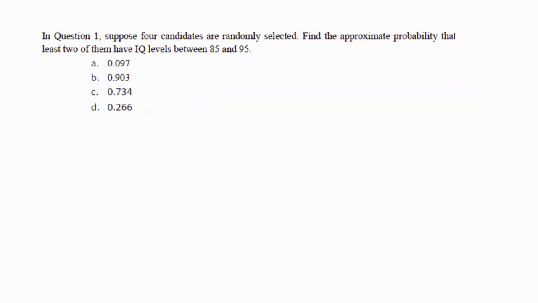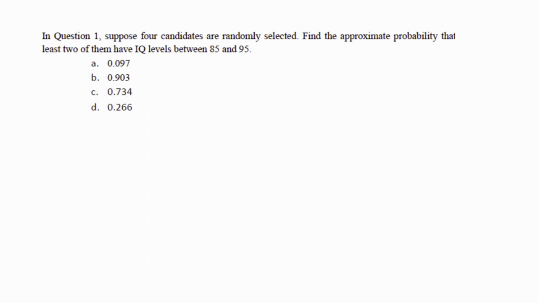So now move to the next question, and this is similar to the previous one, and it will also use the property which I have told you earlier. In this question, suppose four candidates are randomly selected. X is still the same normal random variable, which has mean 90 and standard deviation 5.